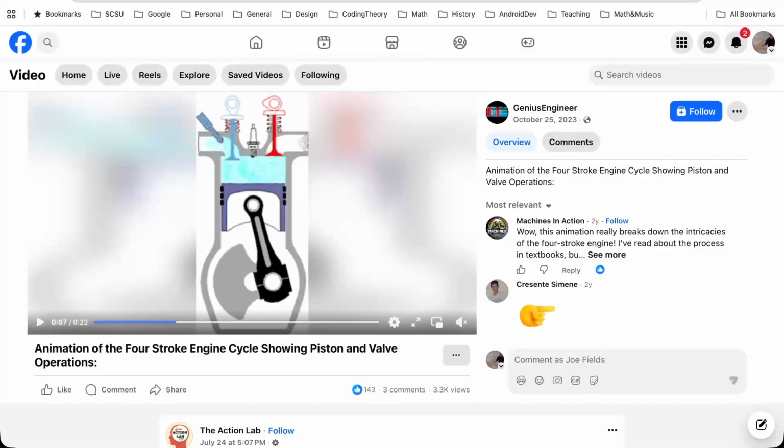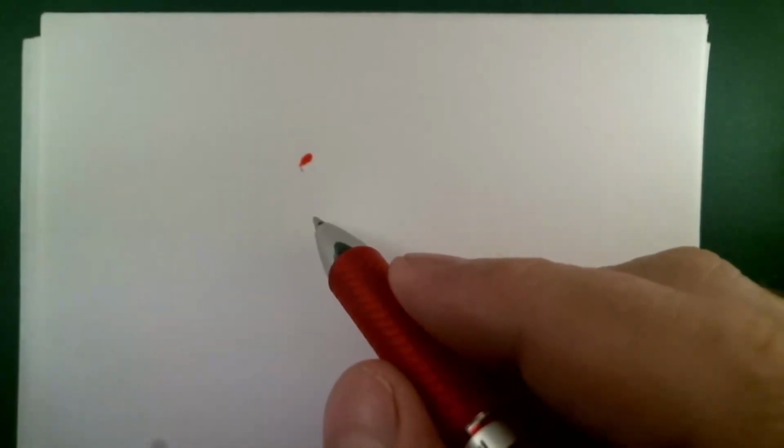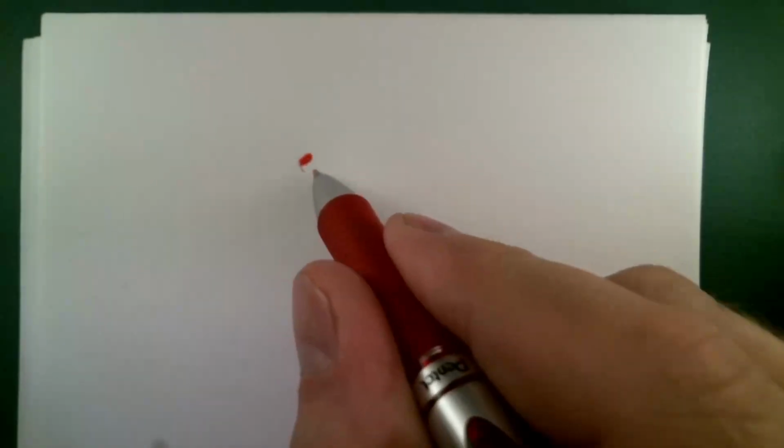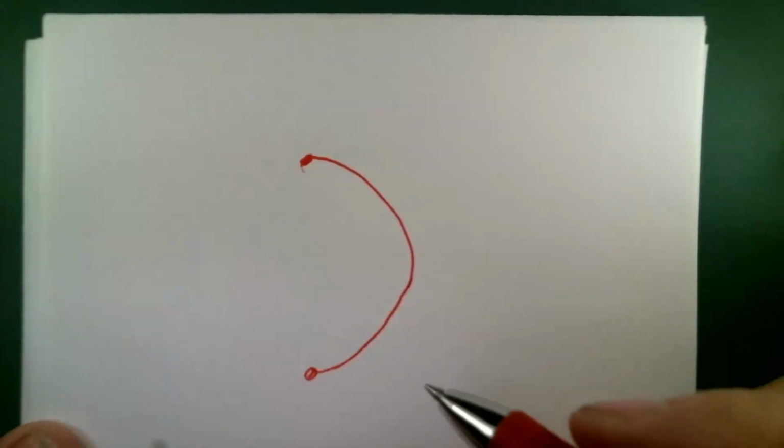Right. So let's switch to a drawing mode, and I'll try to make clearer what the issue is. You have in the power stroke of an engine of this sort, the connecting, what is this thing called? The way the connecting rod attaches to the crankshaft is a point that moves in a circle as the crankshaft goes around, right?